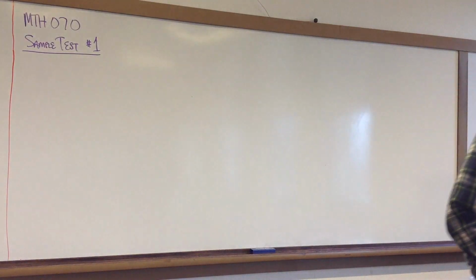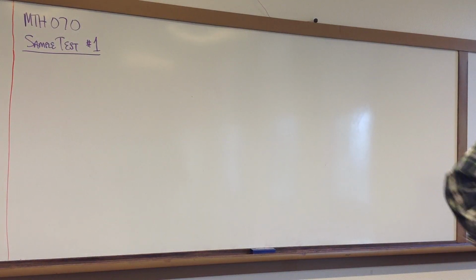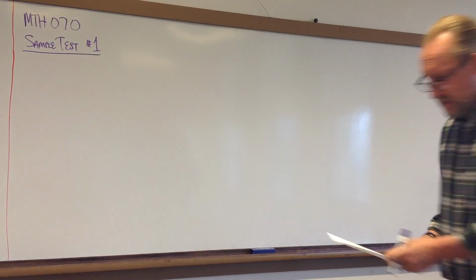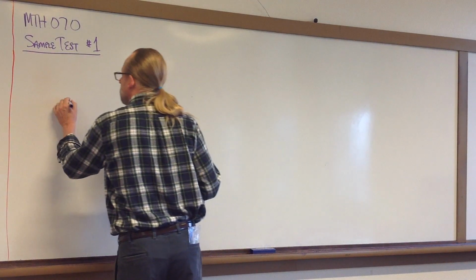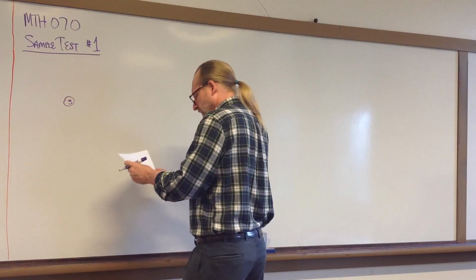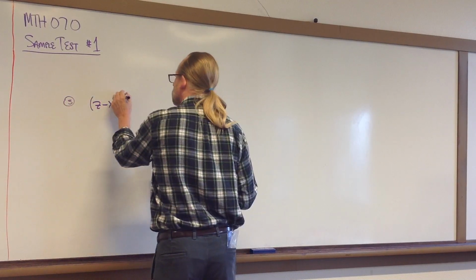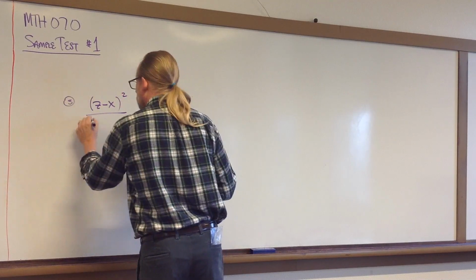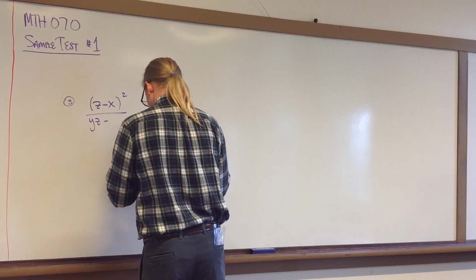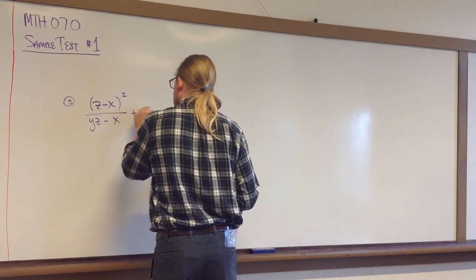So problem 3, we've got (z minus x) squared over (yz minus x plus xy).